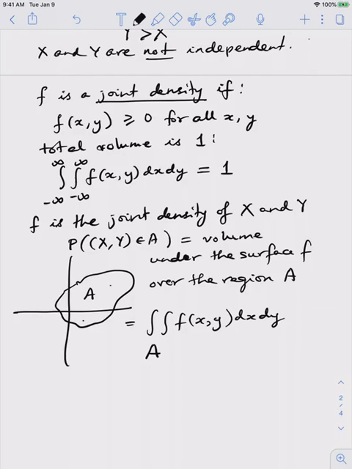But for now, the key is to remember that probabilities are volumes under surfaces, and the technical calculus issue is how do I work out the volume. But the probability just says that the probabilities are volumes.